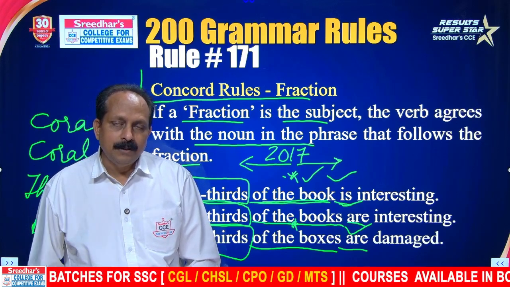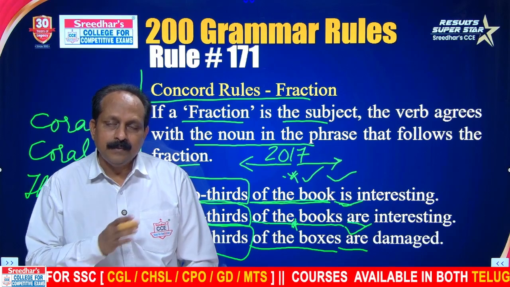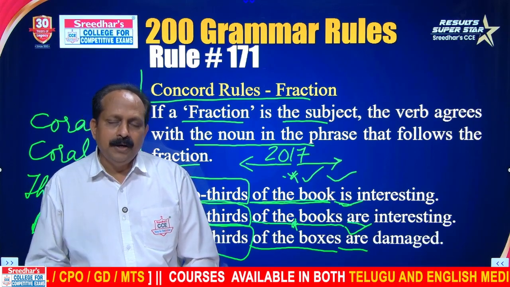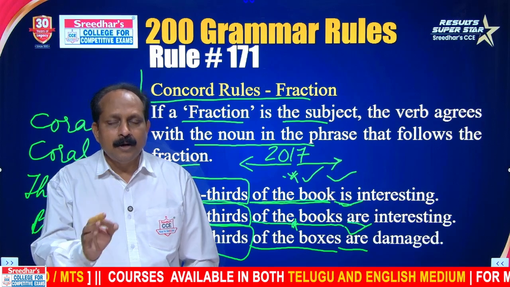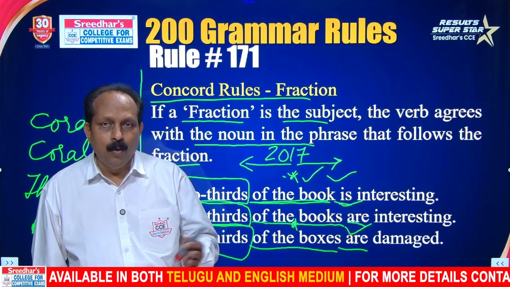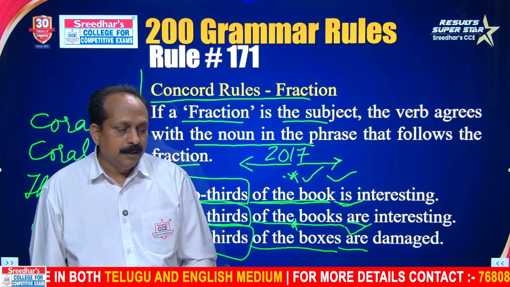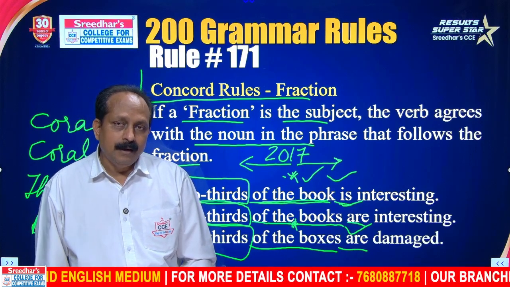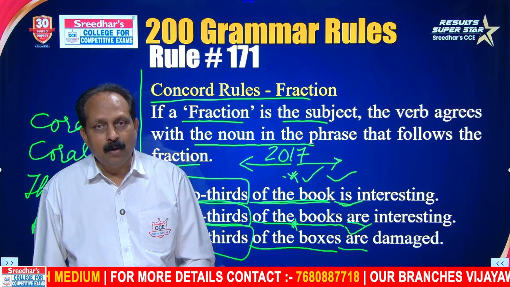Before 2017, if you take the English section, very easy. I would say substandard, very short sentences, directly based on the rule. But in 17, SBI changed the whole scenario. It came up with a tough paper, very tough paper, lengthy sentences, unfamiliar context.